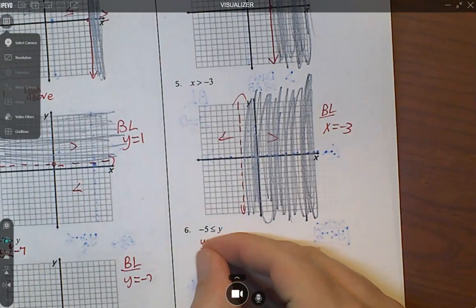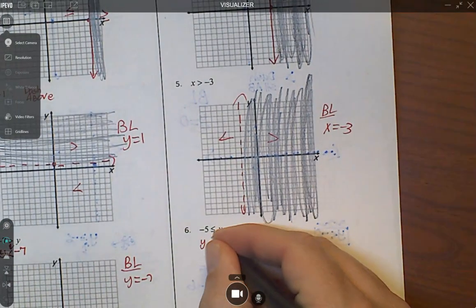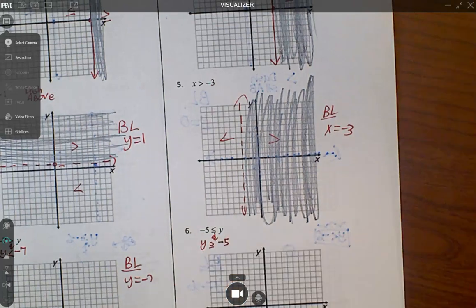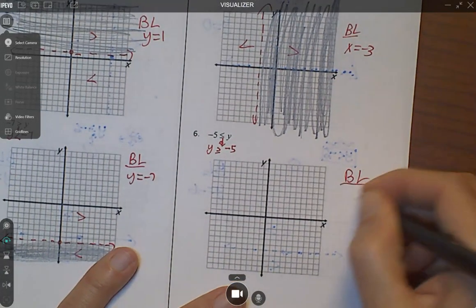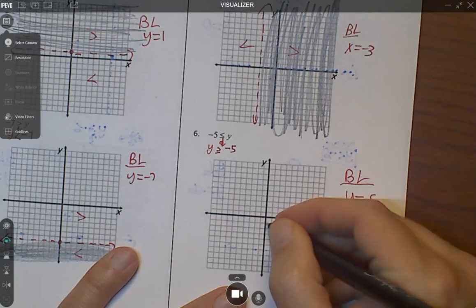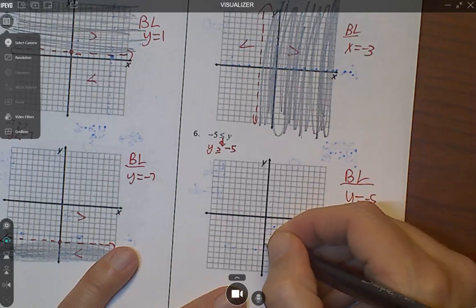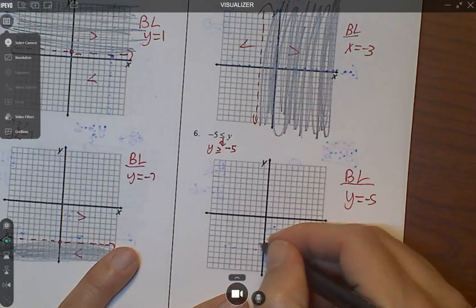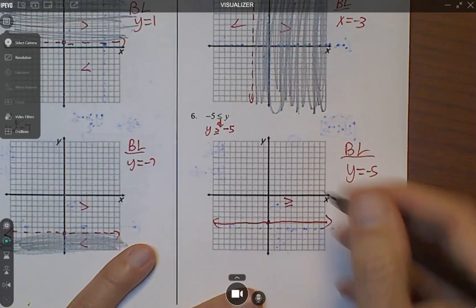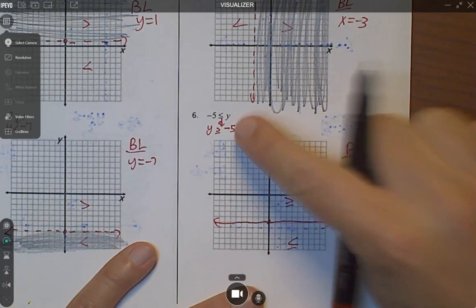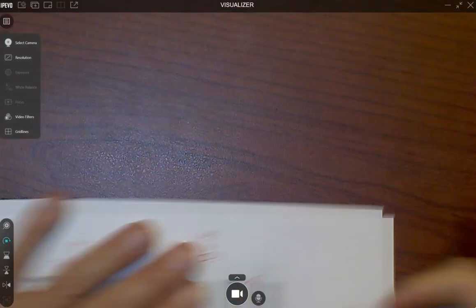Okay, y -5. y has to be bigger, so if I change where y and -5 are, I gotta flip it. Boundary line. It's gonna be solid. Okay, greater than or equal to, less than or equal to. So we need to go in the direction where y is bigger.